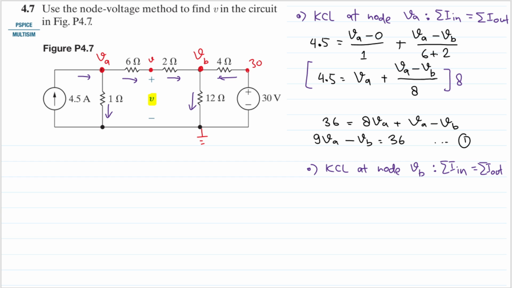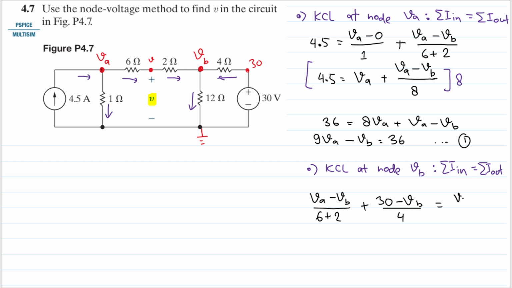Here is the current that goes in. We already calculate that, which is VA minus VB divided by 6 plus 2. Remember that 6 ohm and 2 ohm is in series. And then for this one, we will have plus 30 minus VB divided by 4. Okay, and the only current that goes out is this one.